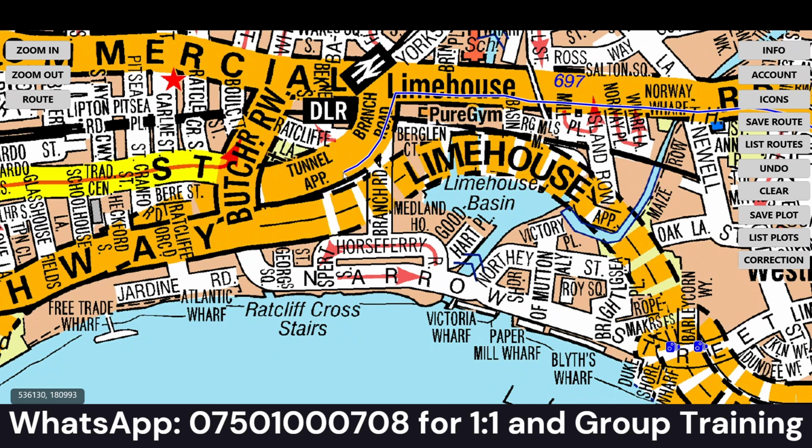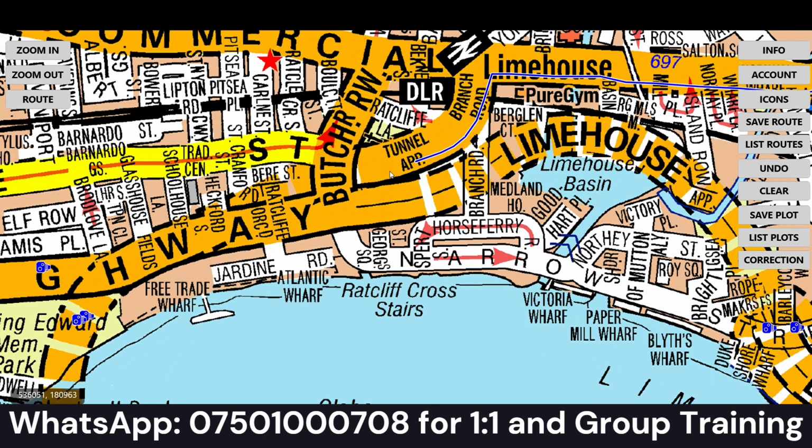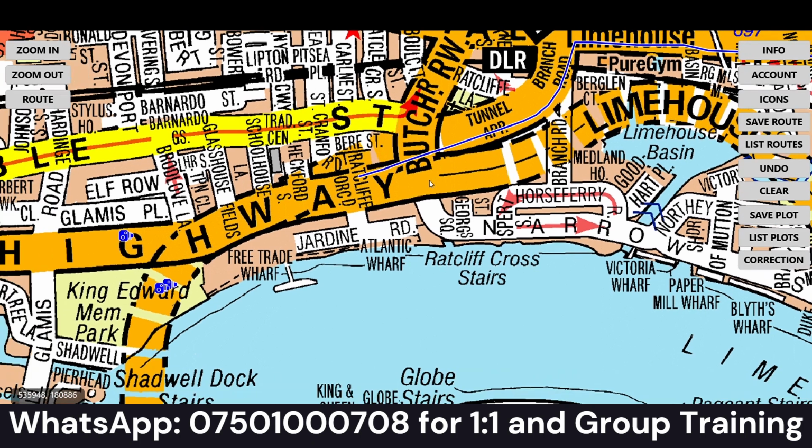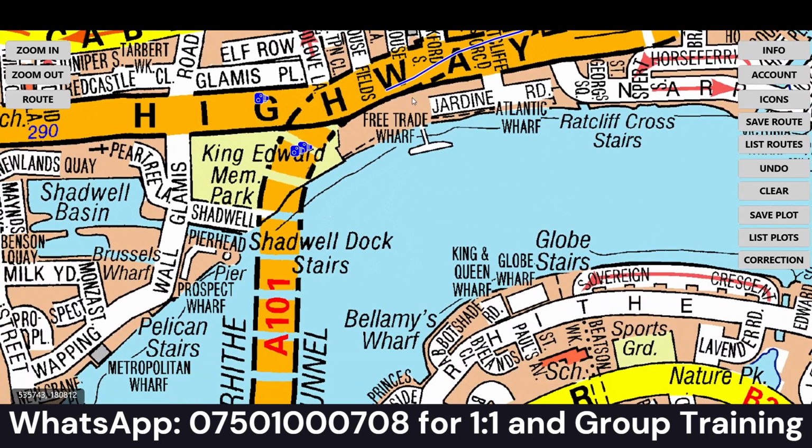So when you see this tunnel approach, that means we are inside the tunnel because of this broken line as well, right? So you need to stay here, and you carry on going down. So we are inside the tunnel once we see these broken lines, right?